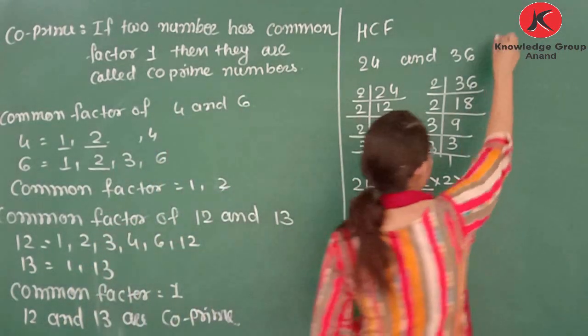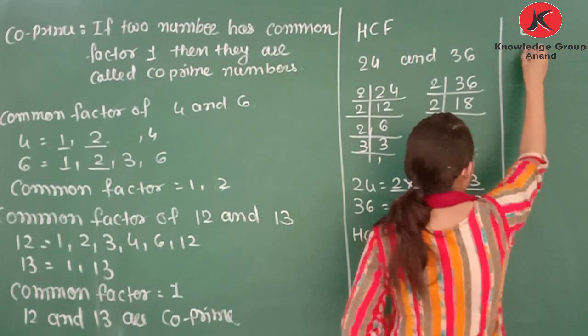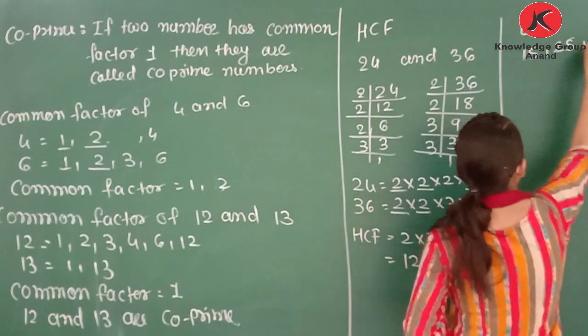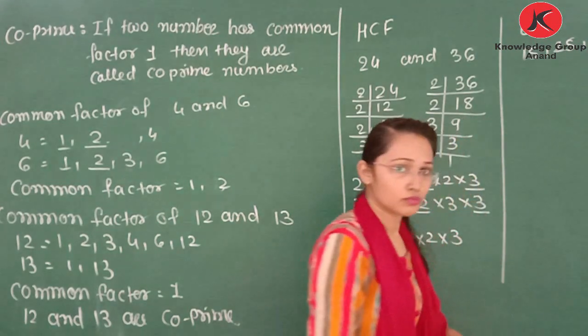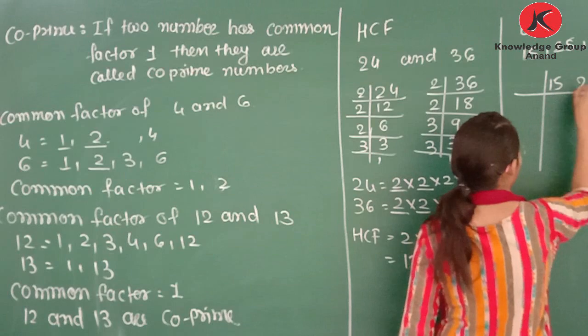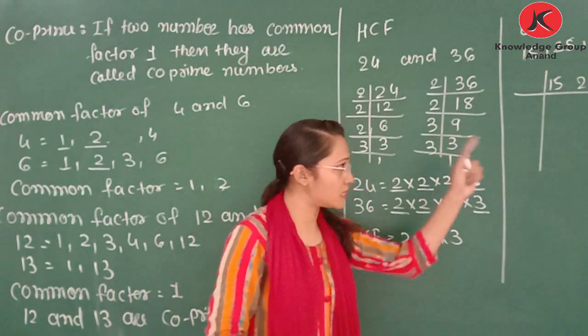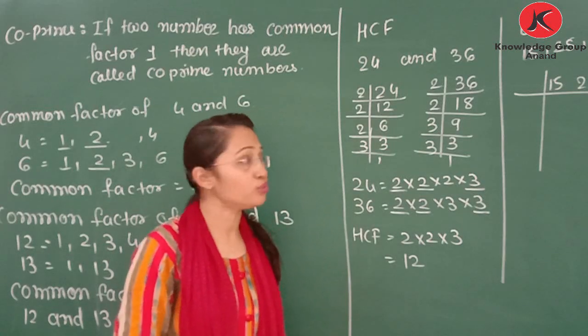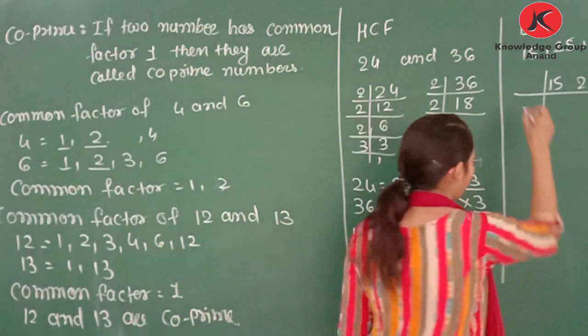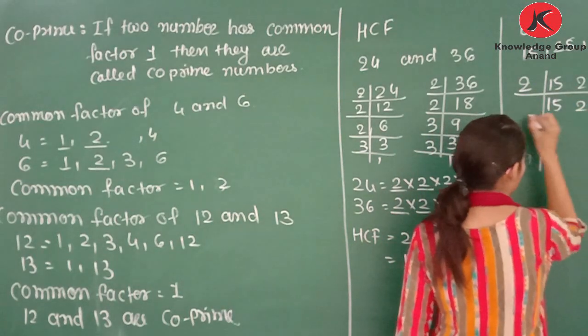We then learn LCM. Let's take the LCM of 15, 25 and 30. So for that we can write. In these 3 numbers you need to check, is there any number that is divisible by 2? Yes, 30 is divisible by 2. So 2 into 15 is 30.